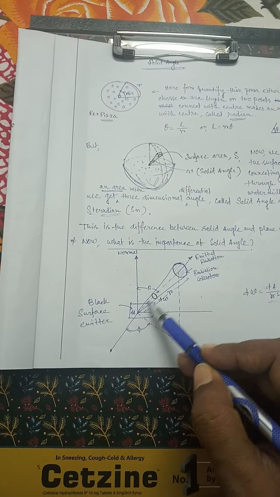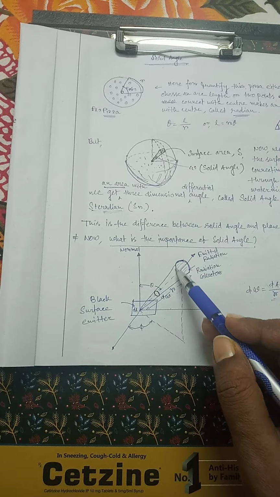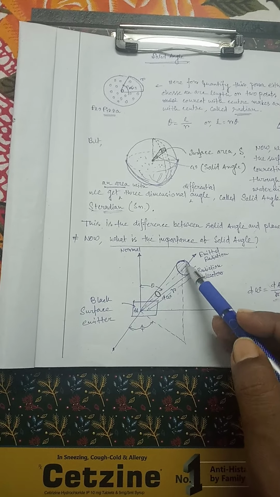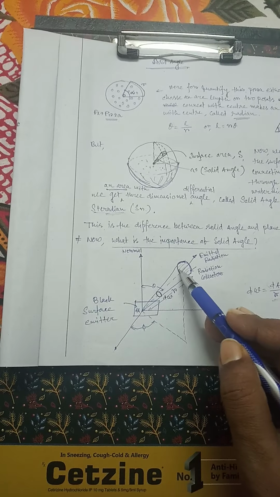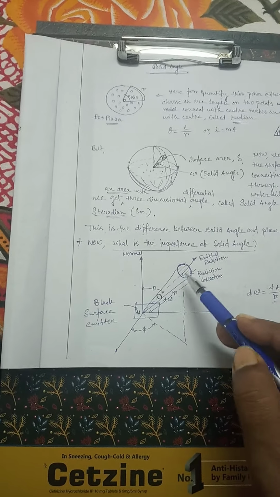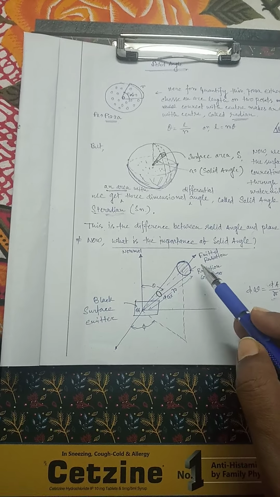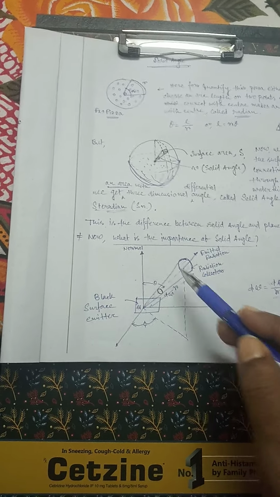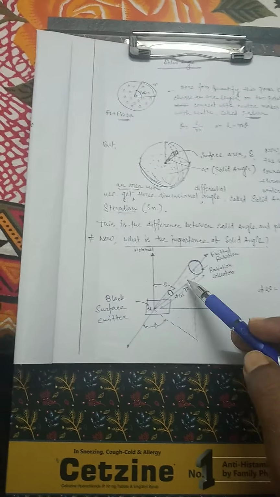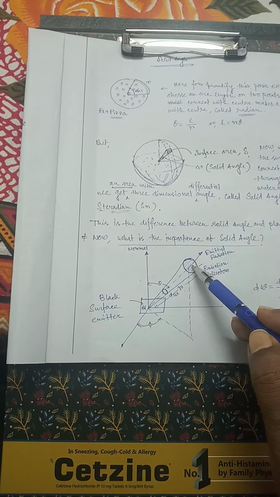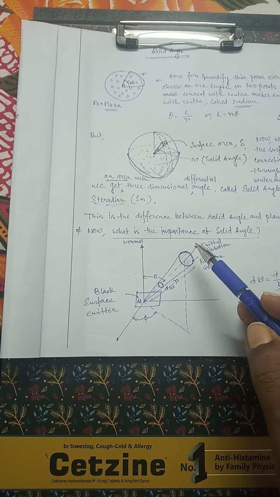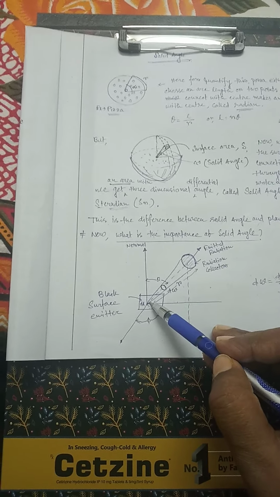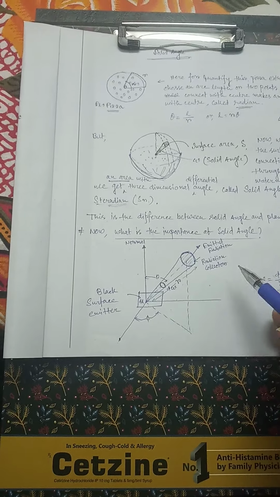This is a three dimensional surface, and obviously the surface makes an angle, or we can say the surface subtended by an angle at dA is called the solid angle.